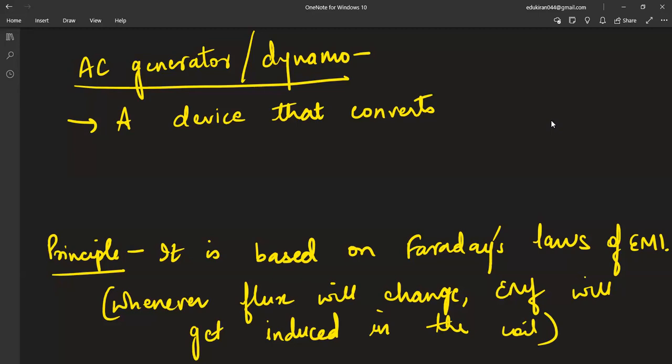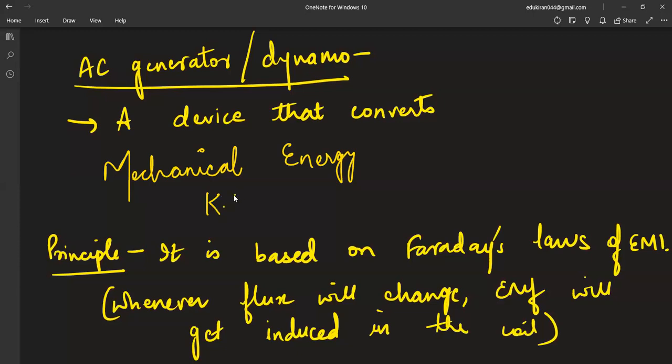All right. Now, what is an AC generator or dynamo? It's basically a device that converts energies. It is a device that converts mechanical energy. What is mechanical energy?